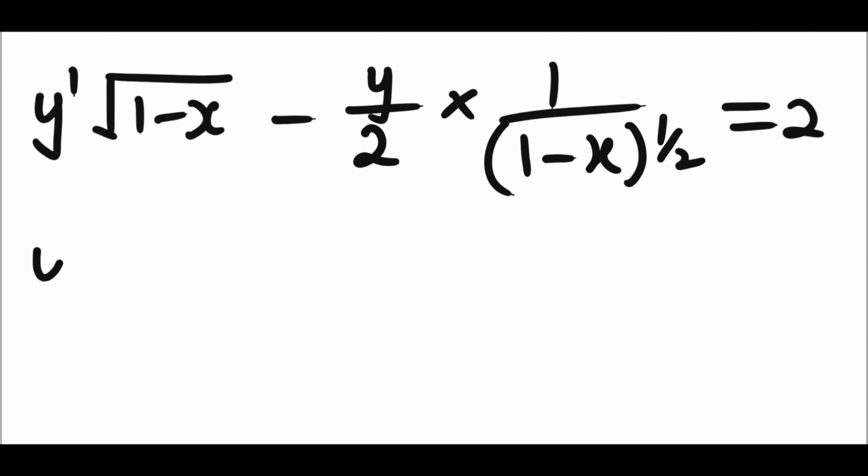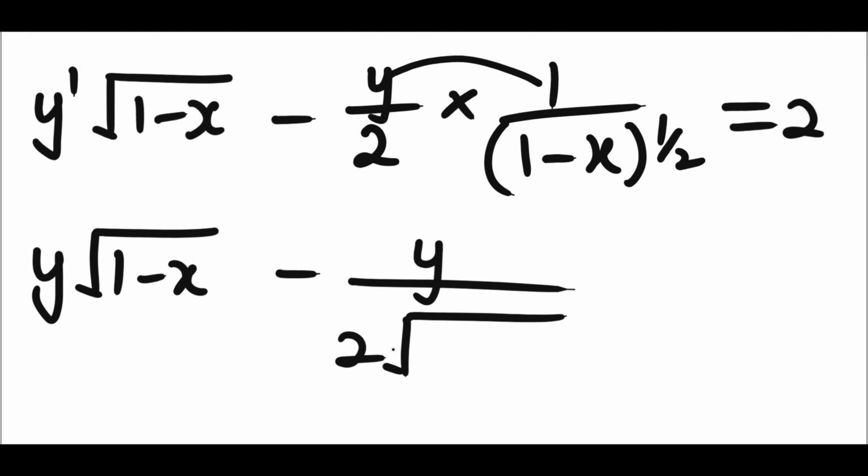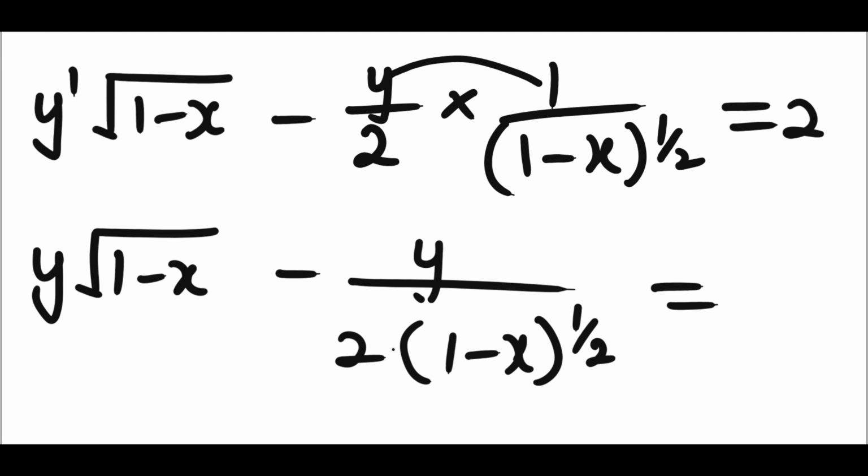So we get y prime multiplying the square root of 1 minus x, then y times 1 gives minus y, because there's a negative y, all divided by 2 multiplying the square root of 1 minus x. You can decide to maintain it without a square root, so we use bracket 1 minus x having an exponent of half, all equal to 2.